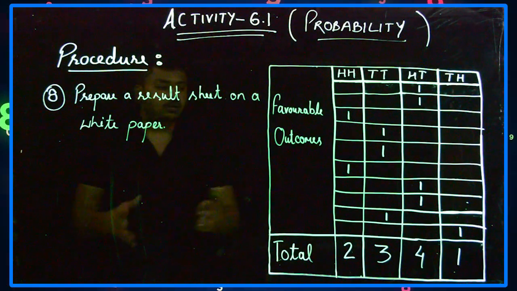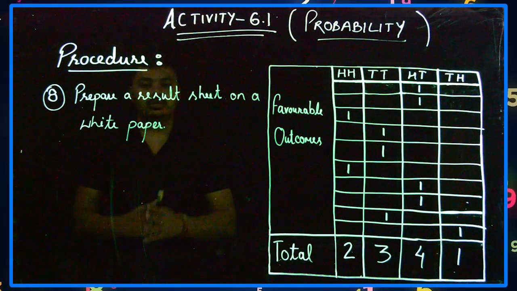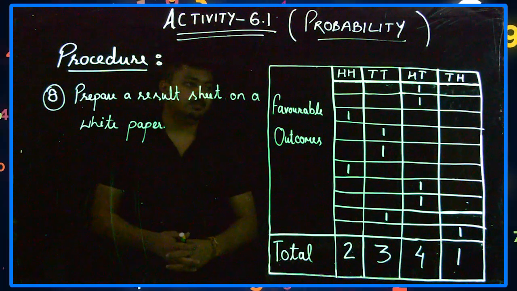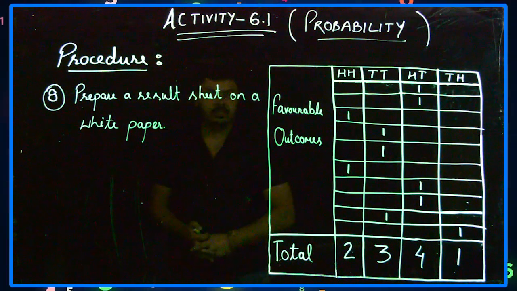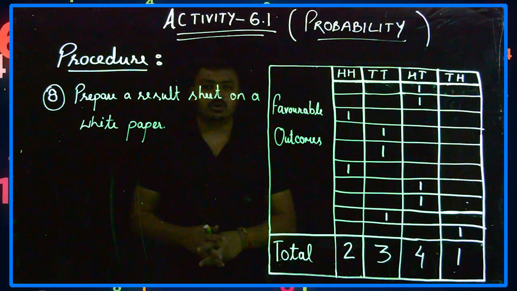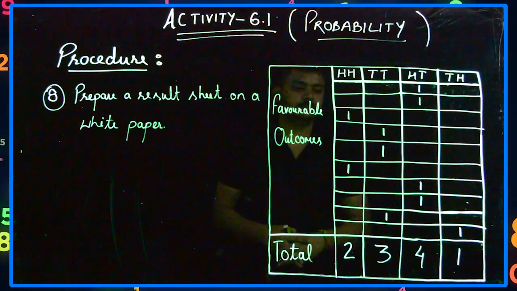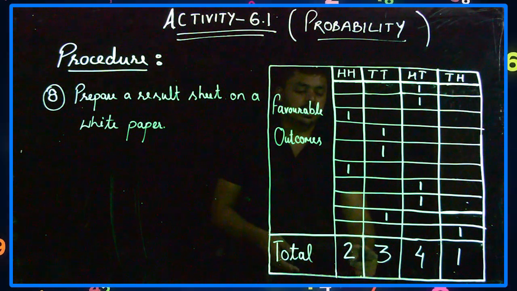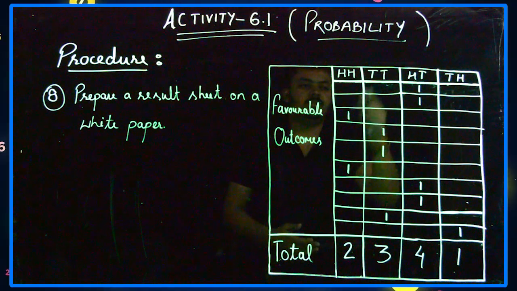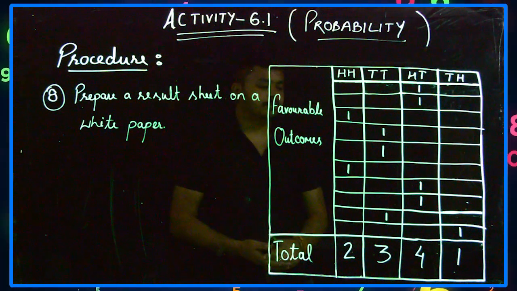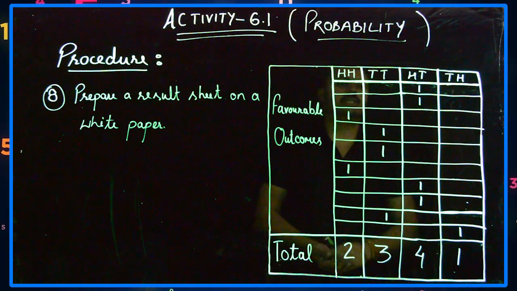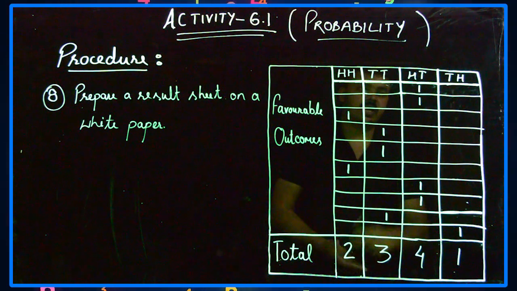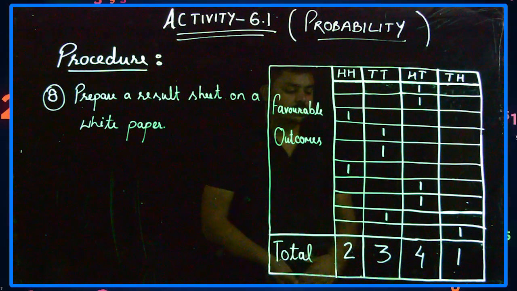So students, we have prepared our observation table and recorded all the results from tossing the coins simultaneously 10 times. As you can see, we received head 2 times, the total number of times we received tails is 3, the number of times we received head and tail is 4, and the number of times we received tail and head is 1.